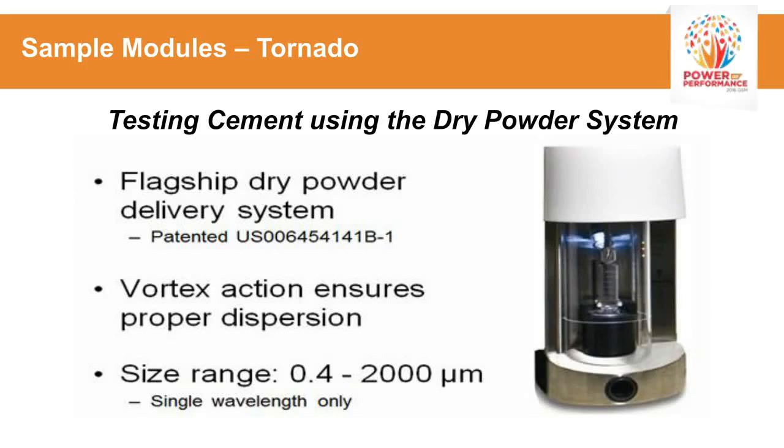This is a closer view of the module, and the sample chamber is right here, where you're going to place the sample in a cuvette. And it has a vortex type action. And this is a patented design that we created a number of years ago.